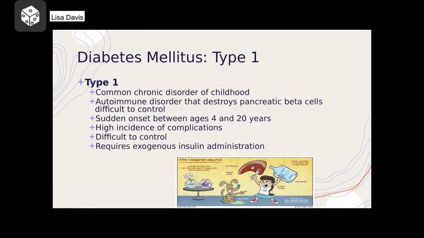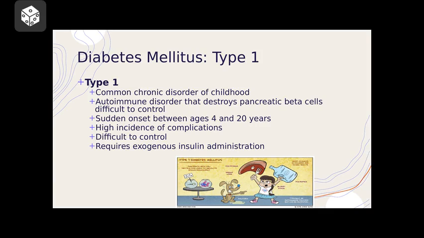So type 1 diabetes is going to be a more common chronic disorder of childhood. When I was younger, we used to call it early onset diabetes or like childhood diabetes, but now they found out that adults can get it as well. So it's just type 1 diabetes now, but it's more common in children and adolescents.